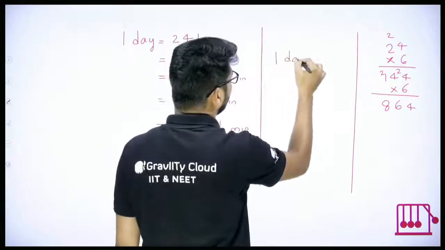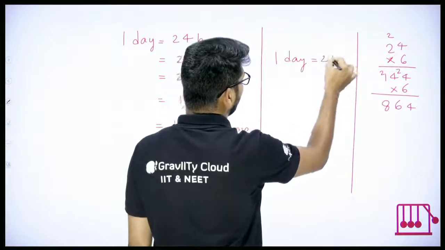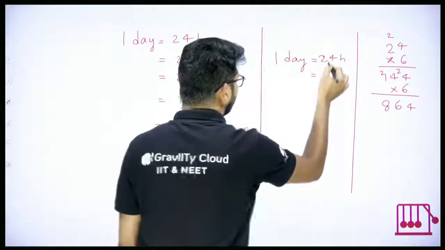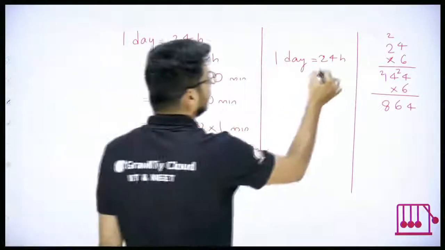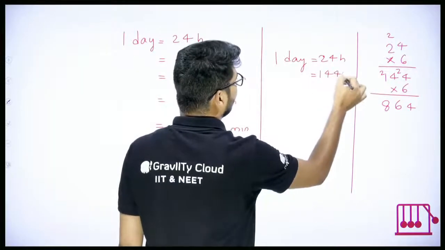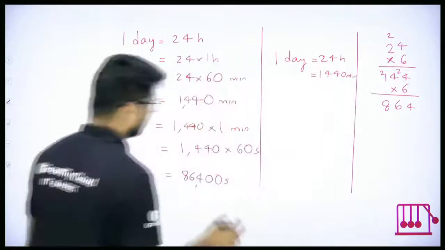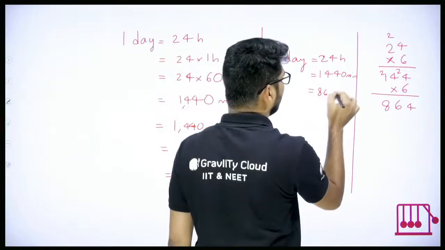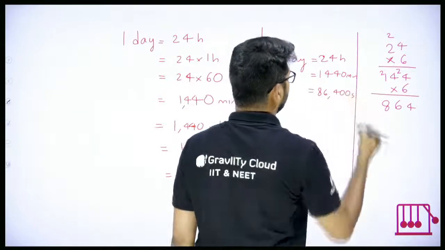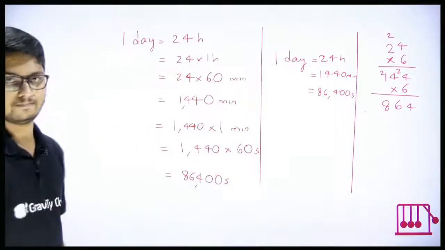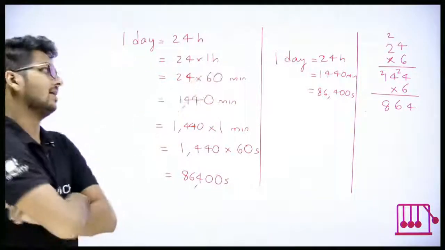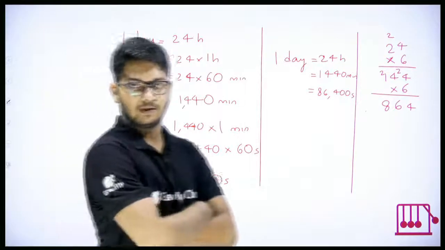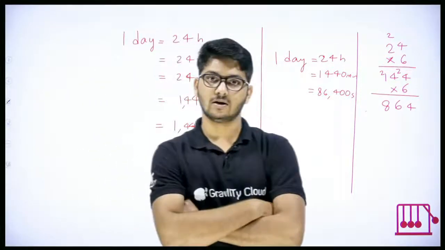That means 1 day is equal to 24 hours. The same 1 day is equal to 1440 minutes, and it is also equal to 86,400 seconds. So that is 1 day. Clear? Good?